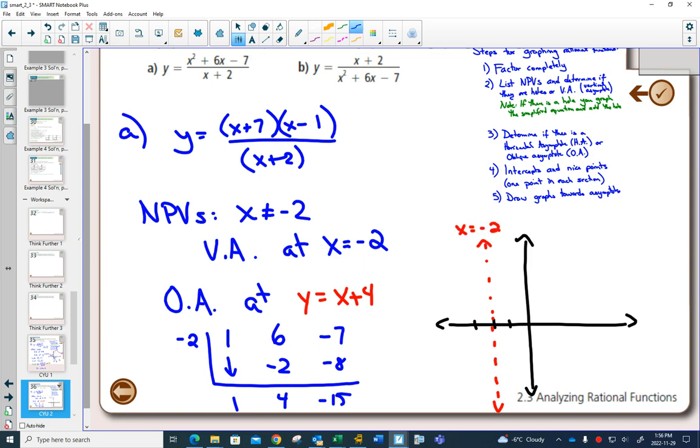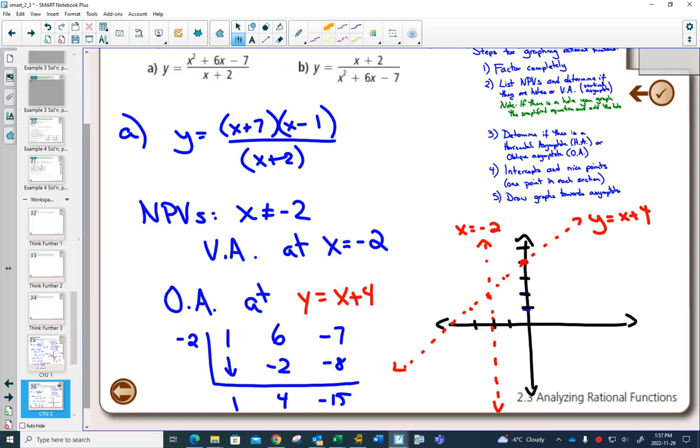And we have an oblique asymptote, and our oblique asymptote is a straight line with a y-intercept of 4 and a slope of 1 over 1, down 1. So we've drawn both of our asymptotes.